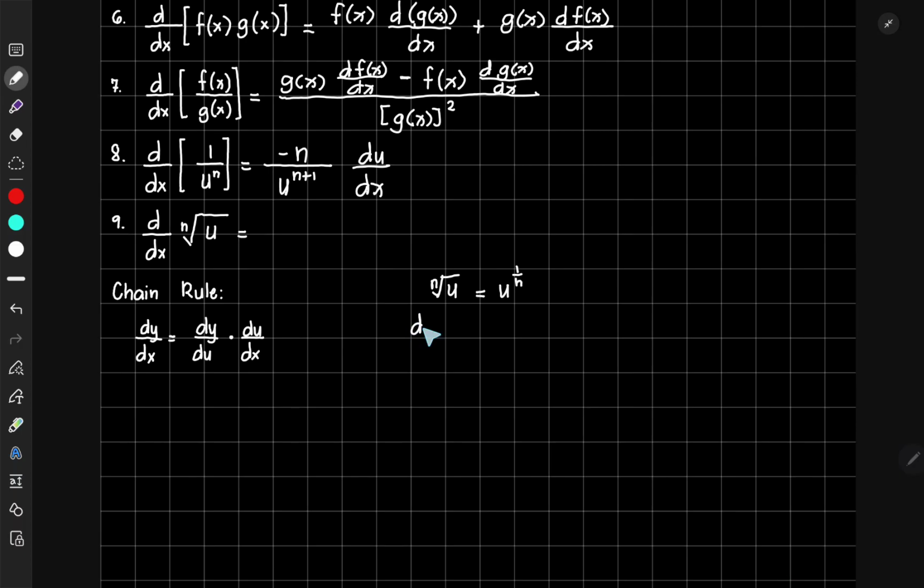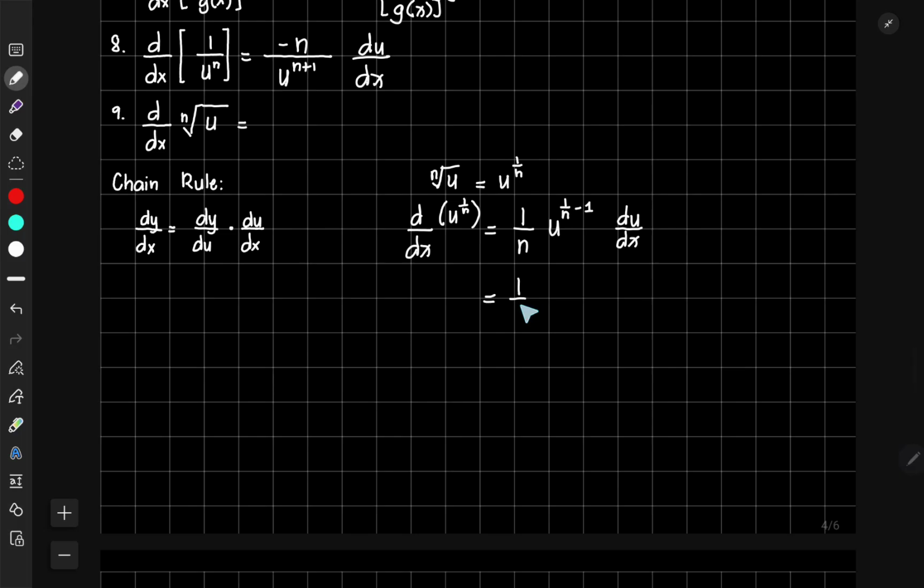So, getting the derivative of u raised to 1 over n with respect to x. So, that would be equal to, so bring down natin yung exponent, which is 1 over n. So, multiplied by yung u, which is u raised to 1 over n minus 1 natin. So, don't forget to get the derivative of u with respect to x.